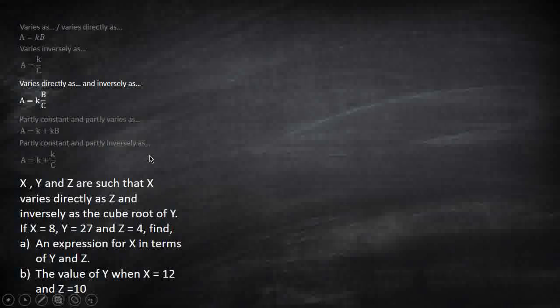Your first question. x, y, and z are such that x varies directly as z and inversely as the cube root of y. You can see here: x, y, and z are such that x varies directly as z, and inversely as the cube root of y.